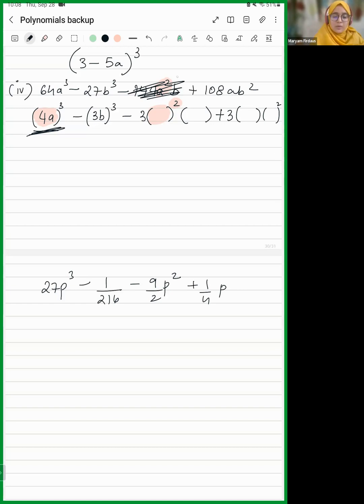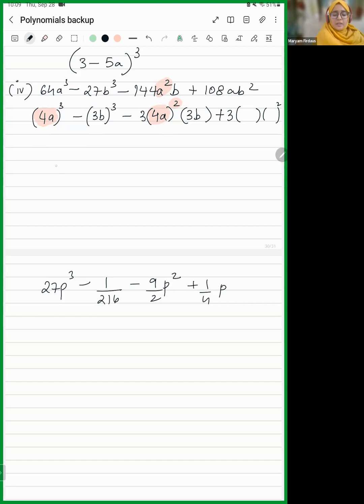Avni, we were talking about 3 into the a wali term ka square. What is the a wali term? So it will be 4a cube, 4a square, and then the b wali term. What's that? 27b. No, forget about 27. Just write 3b. Because what do we have in the formula?